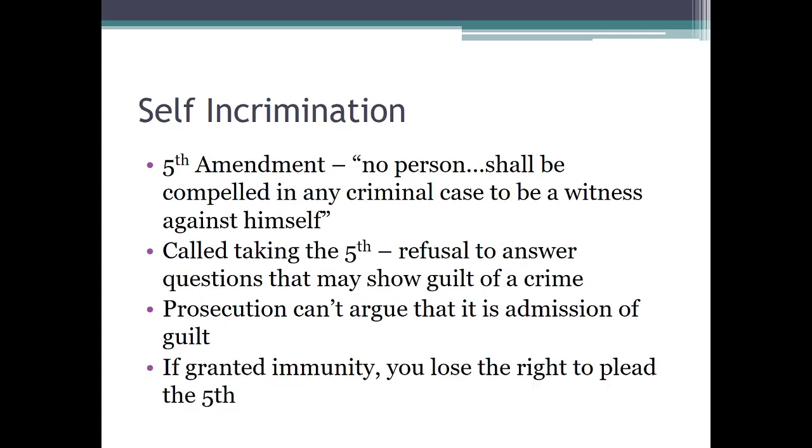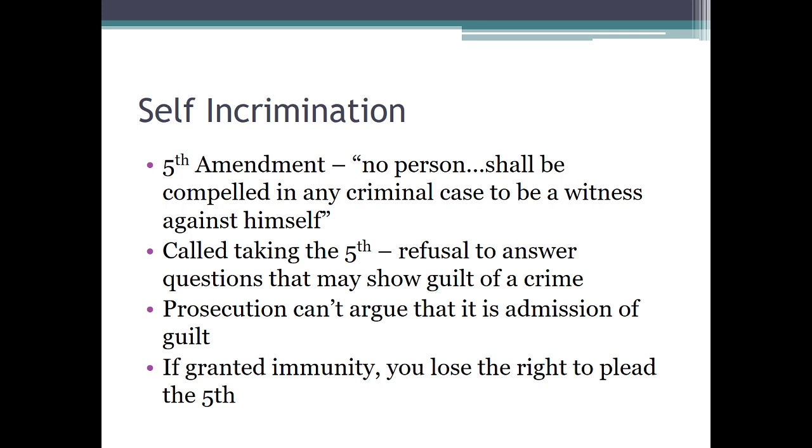All right, after the picking of the jury, we do have a decision that we're making, and this is one that's made between the defense attorney and the defendant. The Fifth Amendment says no person shall be compelled in any criminal case to be a witness against himself. It's called taking the fifth. This is where you refuse to answer questions.